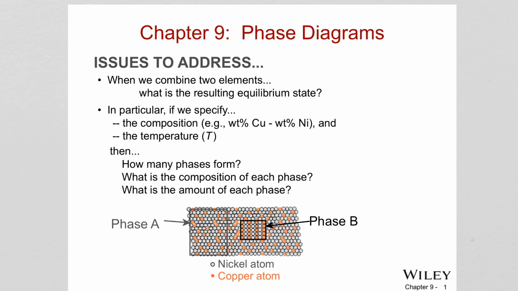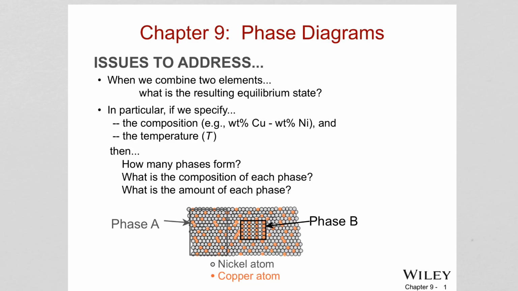So phase diagrams are generated based on thermodynamical equilibrium, meaning within a long period of time, two elements are mixed and we observe what type of phases they are making at a certain composition of mixture and at what temperature.